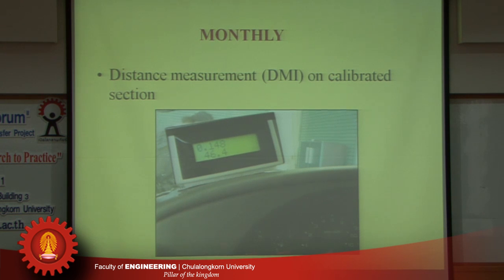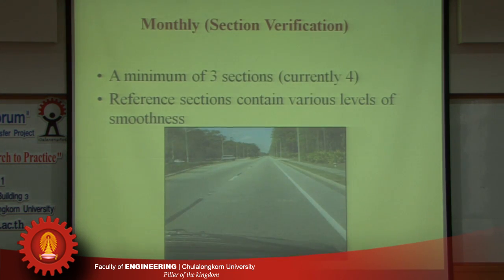The distance measurement instrument, the DMI, also needs to be calibrated. This DMI gives us the distance traveled by the vehicle. It gives the starting point and the finishing point. So this equipment needs to be properly calibrated. Okay. And how do we calibrate it?